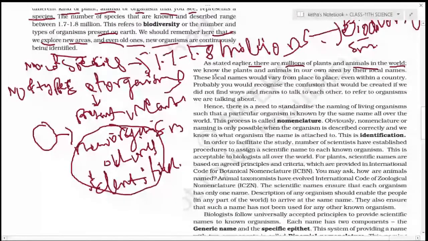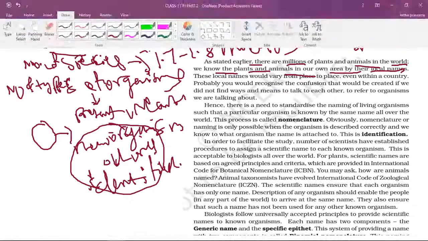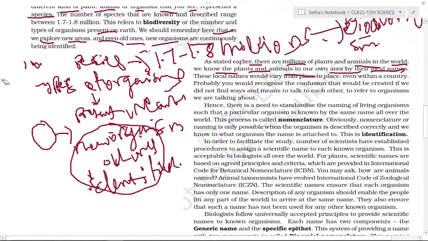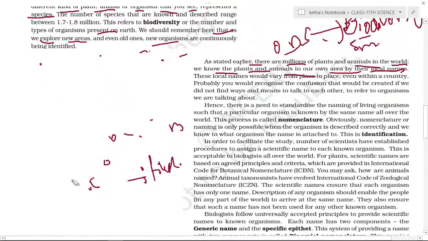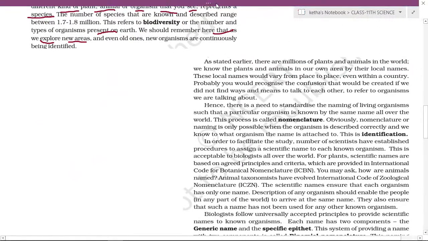We know plants and animals in our own area by their local names. These local names would vary from place to place, even with the country. As we know, there are millions of plants and animals present in this world.